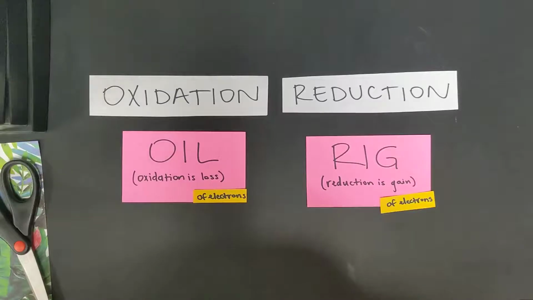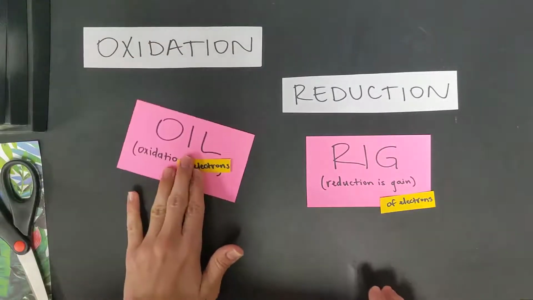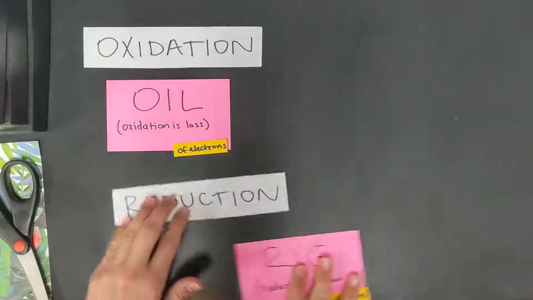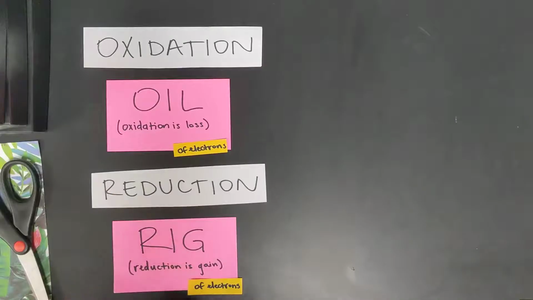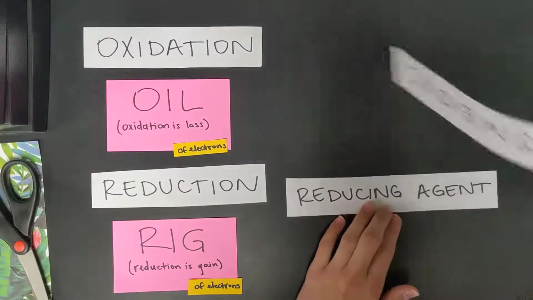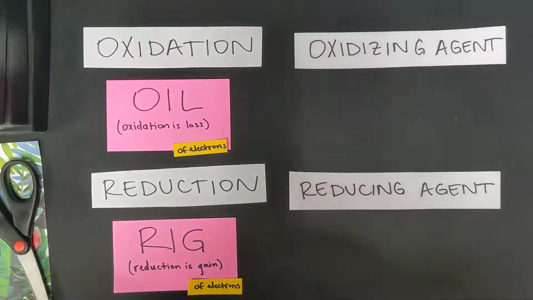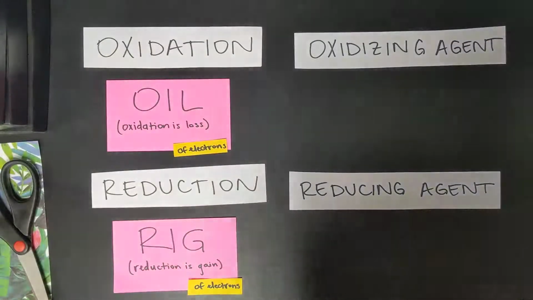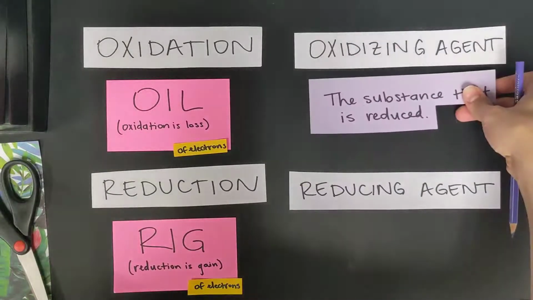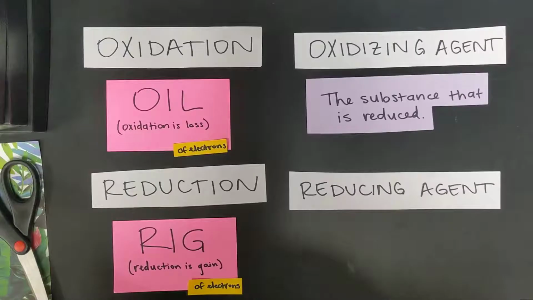Now, there's another term I need you to know as well. So let's move these over here. Those terms are oxidizing agent and reducing agent. So the oxidizing agent is actually the substance that is reduced.